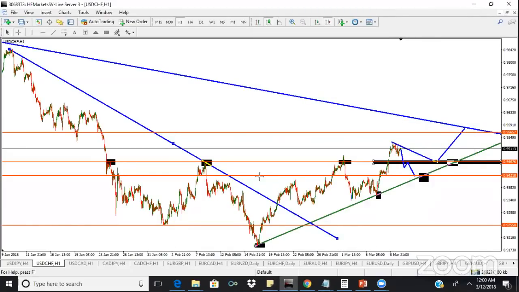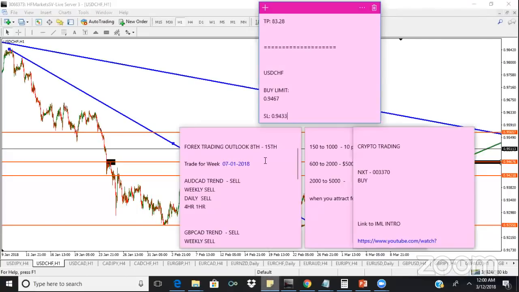Then take profit 1, 40 pips, 95.11. 95.11 TP. 0.9511.